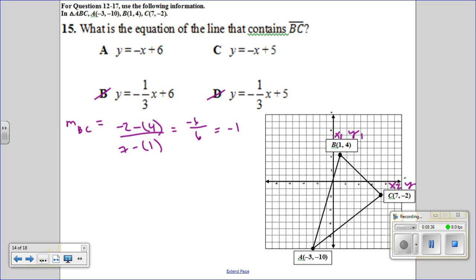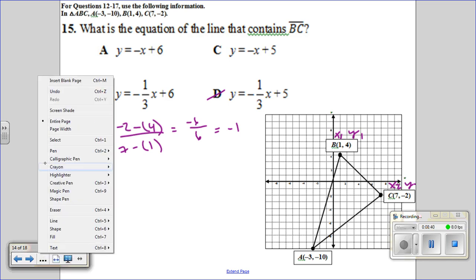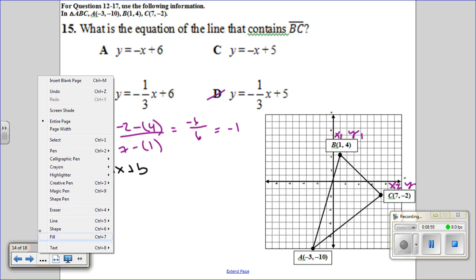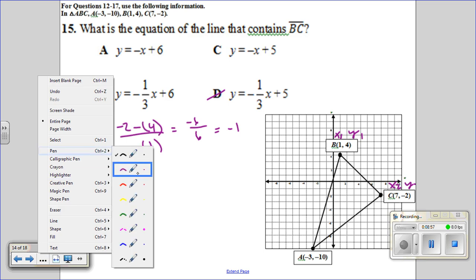But if you didn't have multiple choice, you still need to know how to find the y-intercept. You need to use y equals mx plus b. And you're going to choose either point B or point C as x and y. So I'm going to use point B since it has all positive numbers.